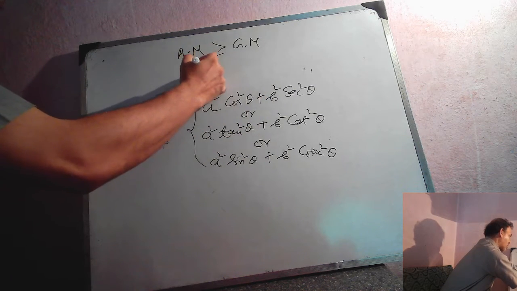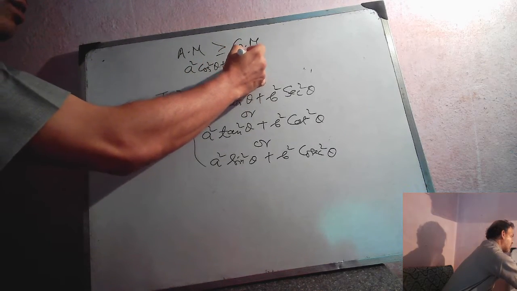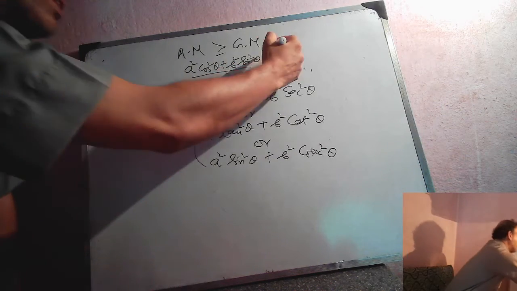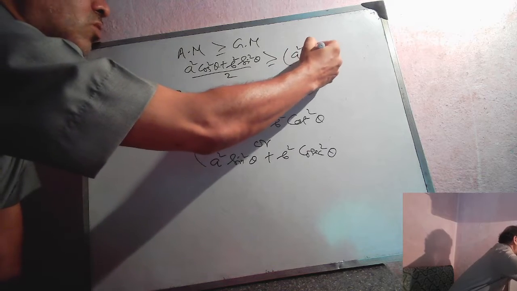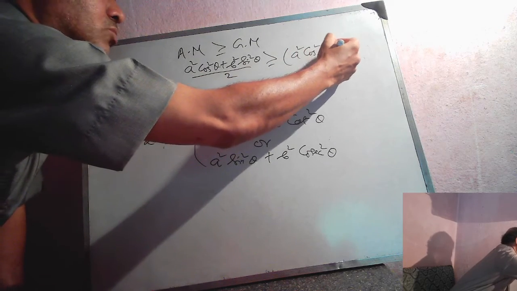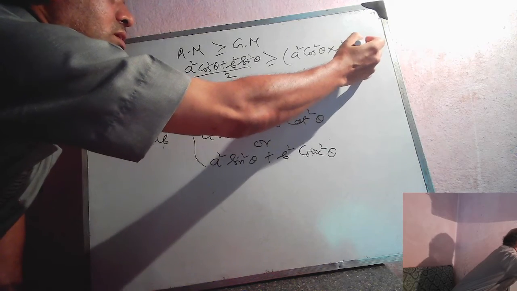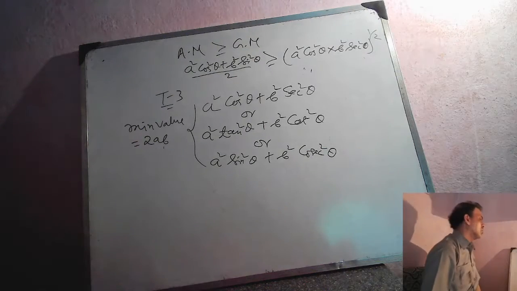So a square cos square theta plus b square sec square theta, divided by 2, will be their arithmetic mean. Now the geometric mean is the product of a square cos square theta and b square sec square theta. There are two terms, so in power write 1 by 2.